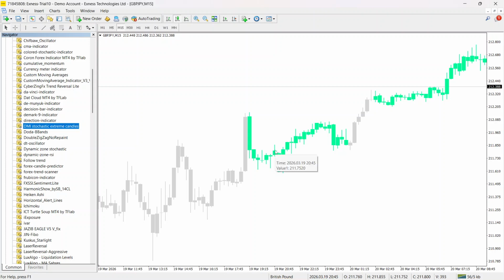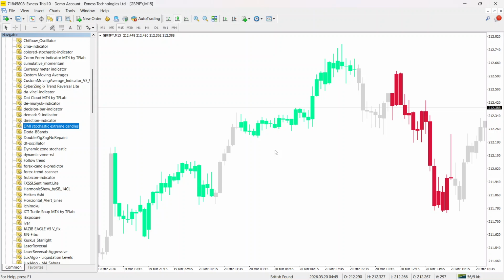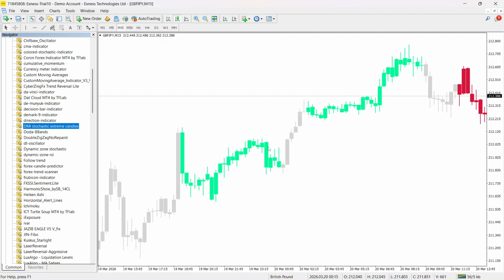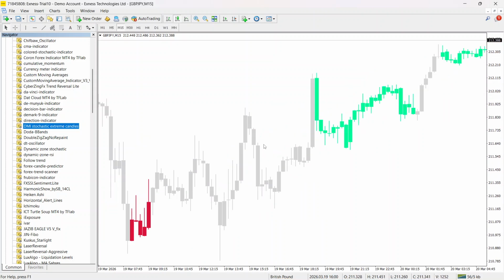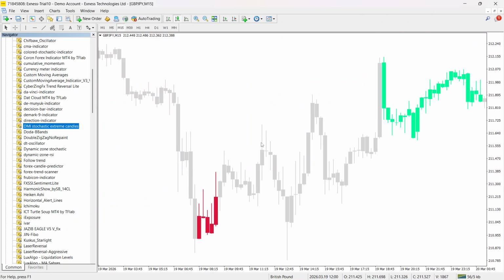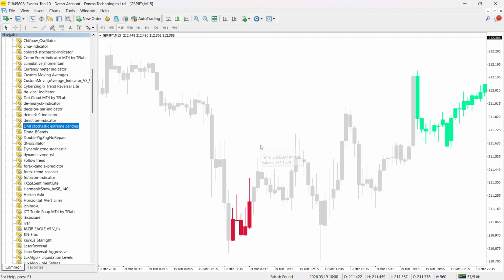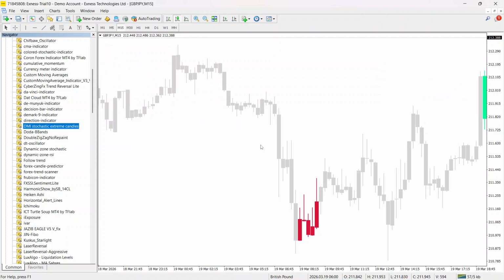This means you can read trend bias directly from candle color, with an extended sequence of green candles suggesting sustained upside pressure, extended red sequences suggesting sustained downside pressure, and patches of gray pointing to range-like or indecisive price action.